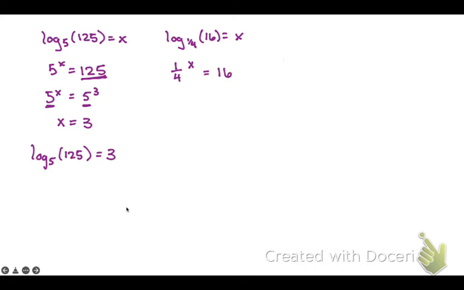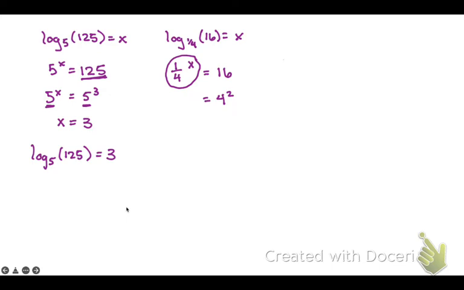So I need to get the same bases, don't I? You can either change 16 into 4 or 4 into 16. I'd probably rather go 16 into 4. 16 is 4 what? Squared. Okay, so I have 4 squared, but I have 1/4 over here. What could I do to the exponent to reciprocate it?